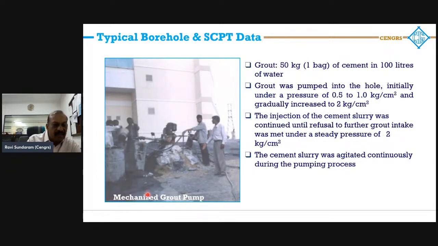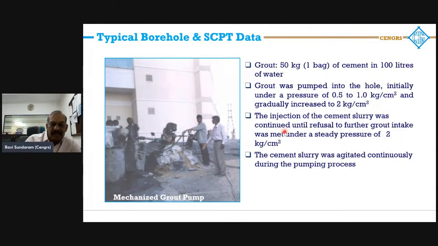So this is a mechanical grout pump which was used. The grout which was used was 1 bag of cement and 100 liters of water, pumped into the hole, initially under a pressure of 0.5 to 1 kg per centimeter square, gradually increased to 2 kg per centimeter square.